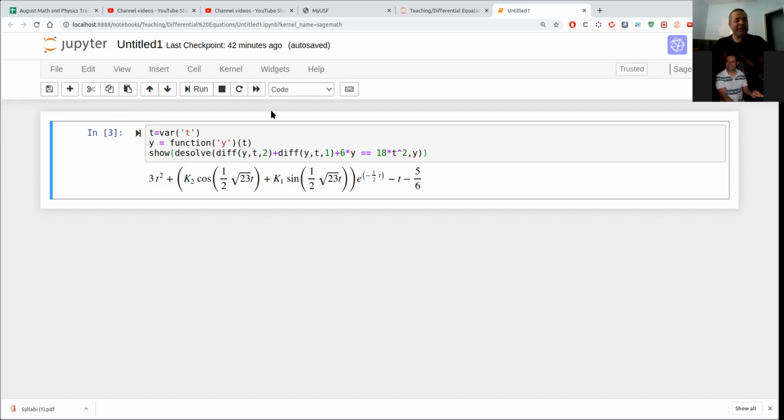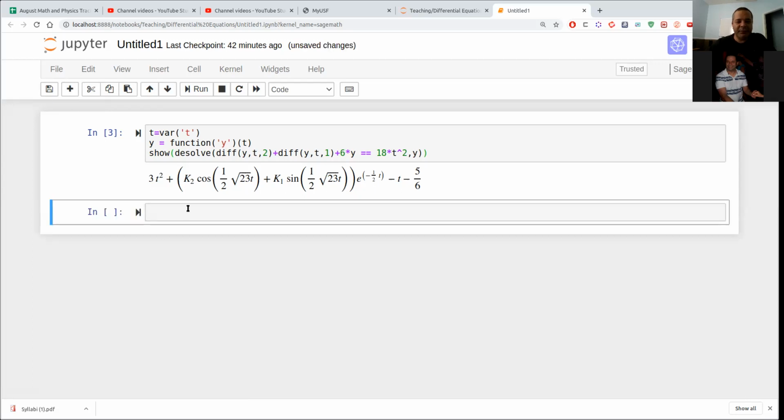I'm not going to do the whole solving. This is actually the whole solution that I'm showing here. Okay, but let's just go ahead and do the integrals in Sage. Let me look at what the integrals are again. So I've got negative 18t squared e to the 3t.